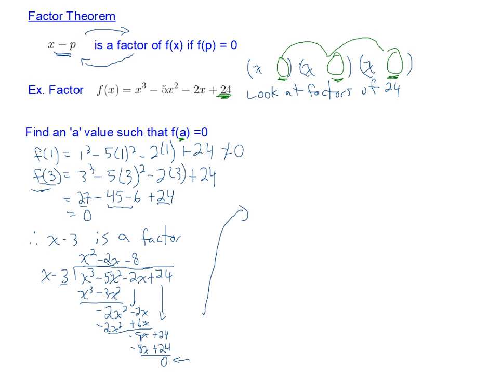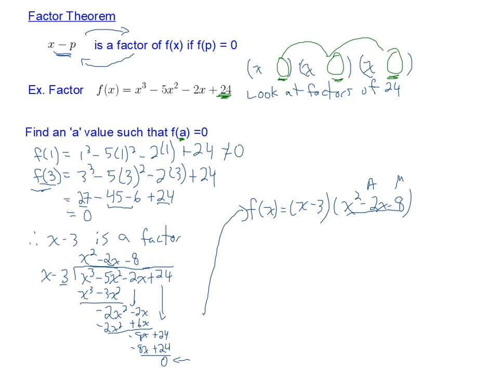Well, it means that our function in factored form looks like this: x minus 3 times our quotient here, which is x squared minus 2x minus 8. And now we can factor the quadratic here. Find two numbers that multiply to negative 8 and add to negative 2.